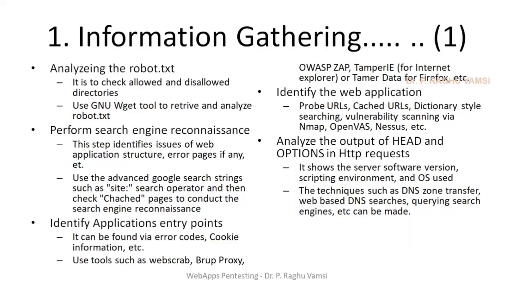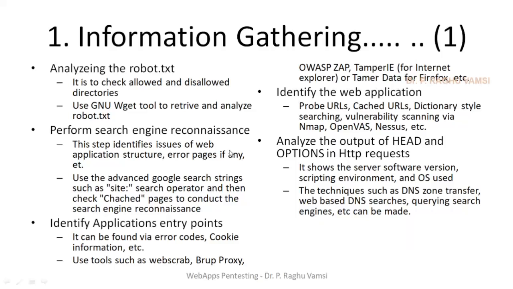Techniques such as DNS zone transfer and web-based DNS queries will also be obtained via this particular HEAD and OPTIONS in the HTTP request. With the first step, you will come to know the allowed and disallowed directories.